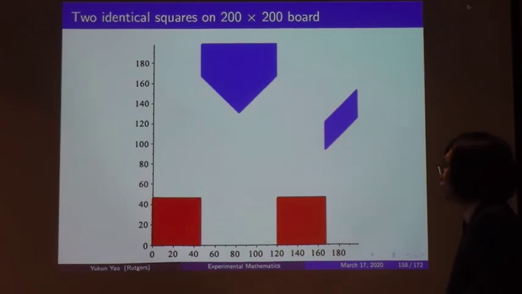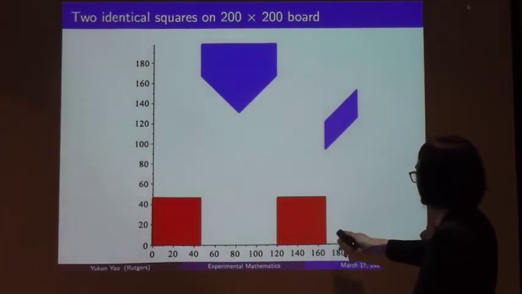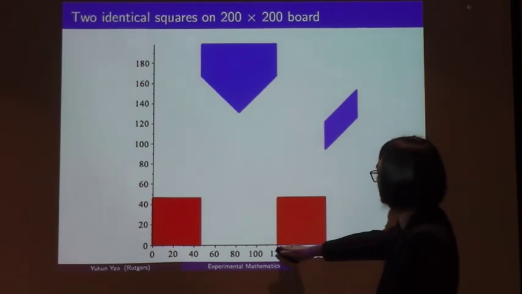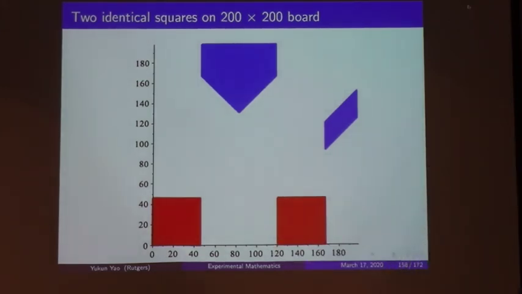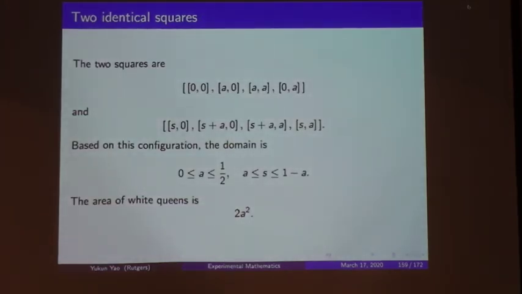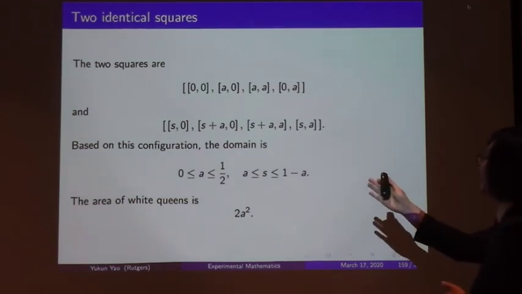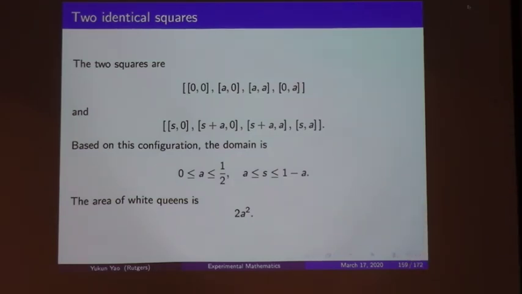So now we have two parameters. One is the side length, the other one is the coordinate of this point. So we have two squares. Then based on this configuration, we need to find a domain of the parameters A and S. It's not hard to find the area of white queens.